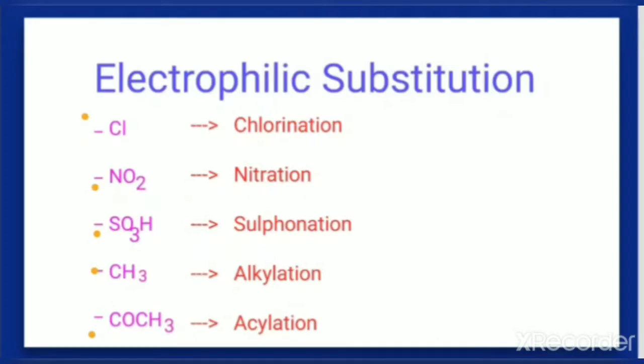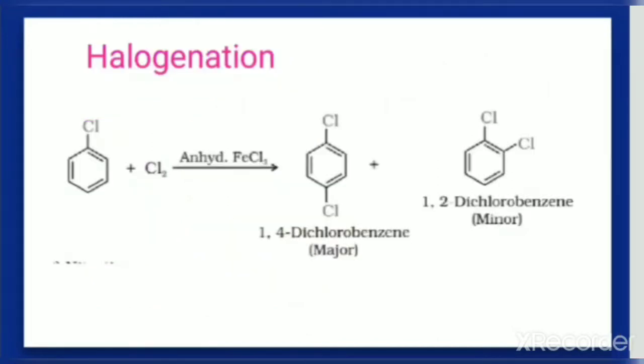So the electrophilic substitution reactions which we need to discuss are chlorination, nitration, sulfonation, alkylation and acylation. Let us discuss these in detail one by one. First one, halogenation. I told you chlorination. When we say it particularly for chlorine, we call it chlorination, or in general we can use the word halogenation.